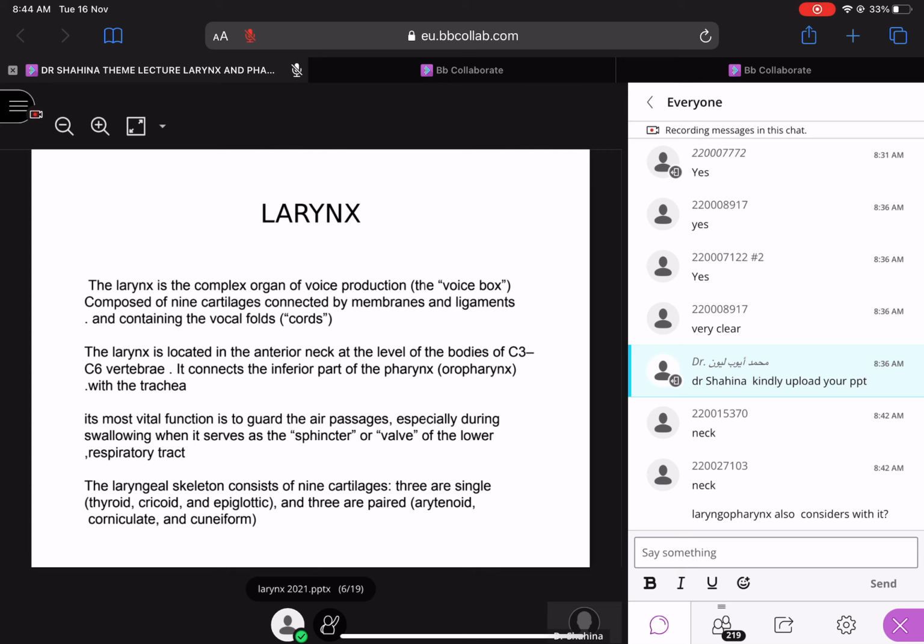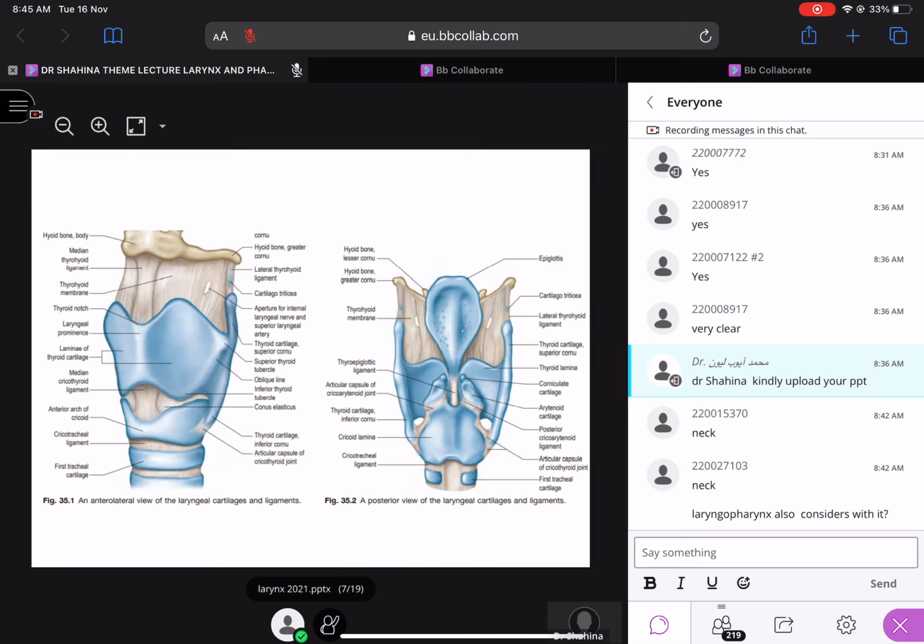Anyway, now we'll see the different cartilages. Here you will have some paired and unpaired cartilages. The unpaired should be in the center, in the midline, isn't it?